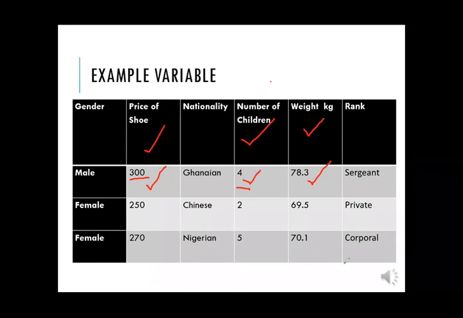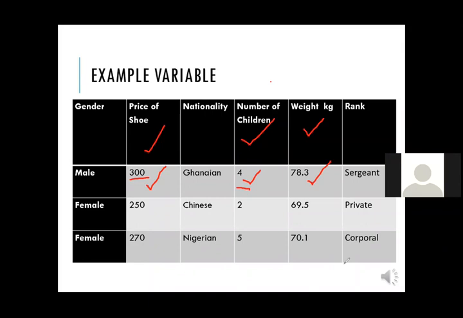Some years back, somebody said he had 2.5 children. I asked who was the half child, and he says Aki and Popo. That's on a lighter note. But number of children is counting, so you cannot have half.